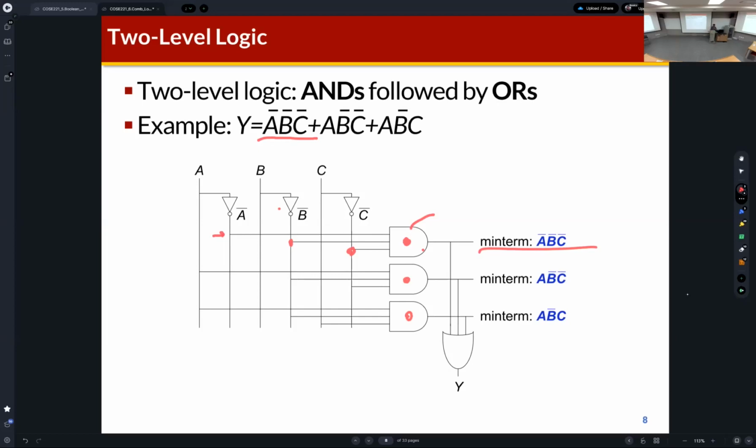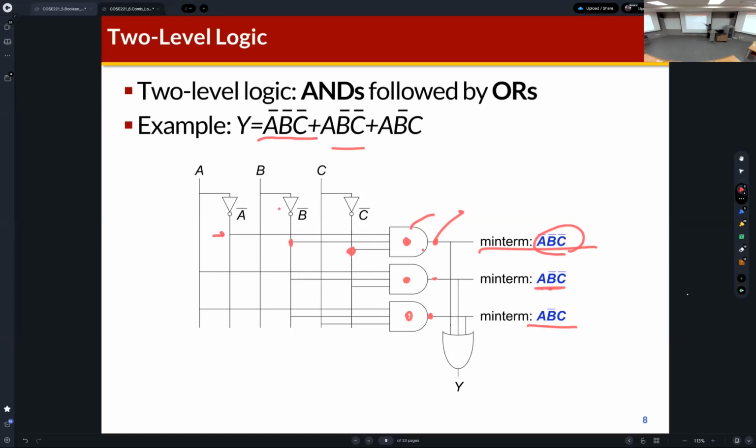And then for the other term, we can connect the inputs of this AND gate to the literals, A and B bar. So the output of this AND gate represents this term, the output of this AND gate represents this term, and also this term.